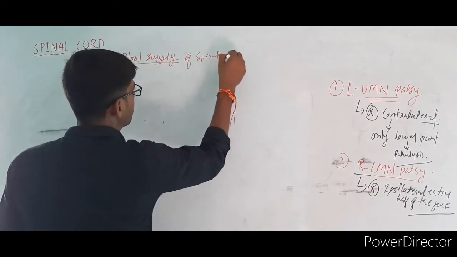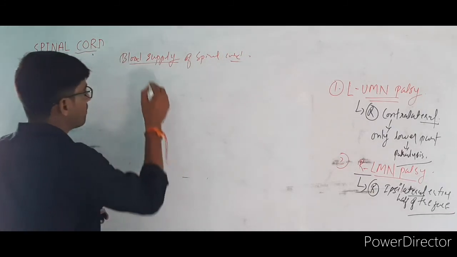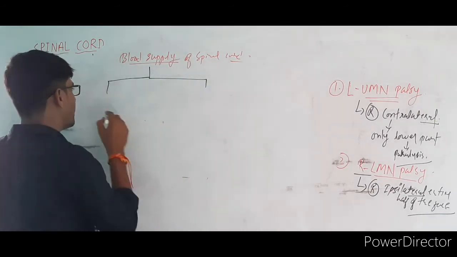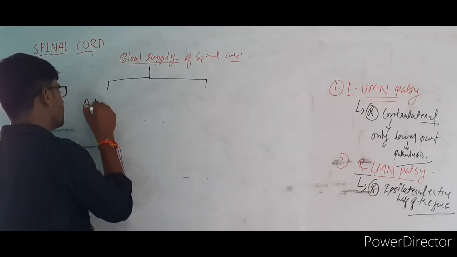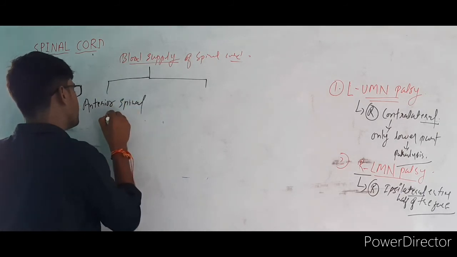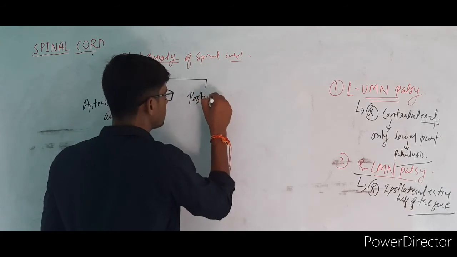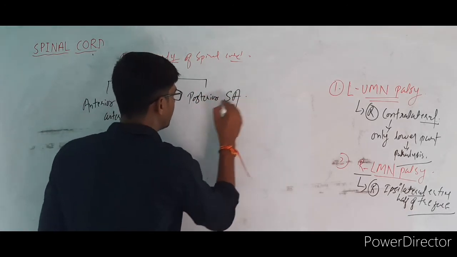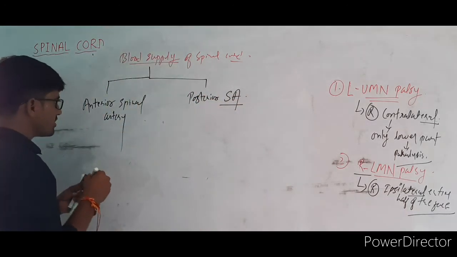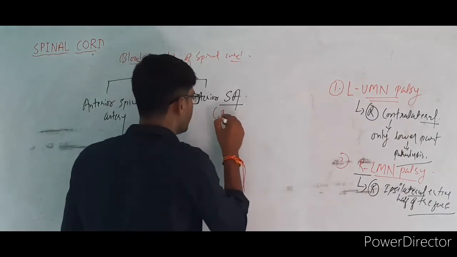It is supplied mainly by two arteries, that is called the anterior spinal artery and the posterior spinal artery. So the anterior spinal artery is 1 in number, but the posterior is 2 in number.